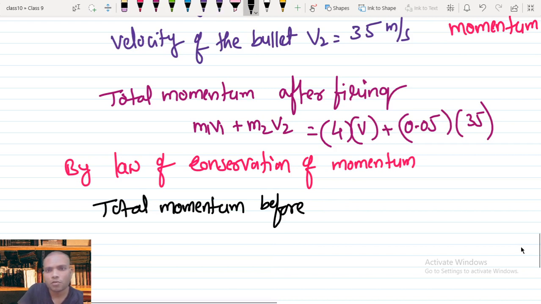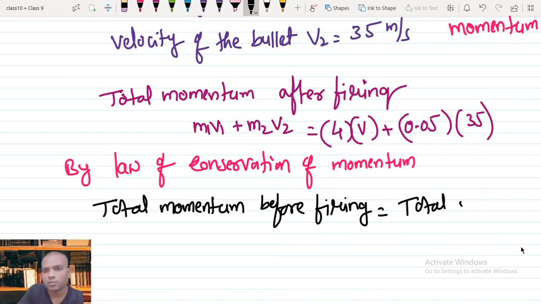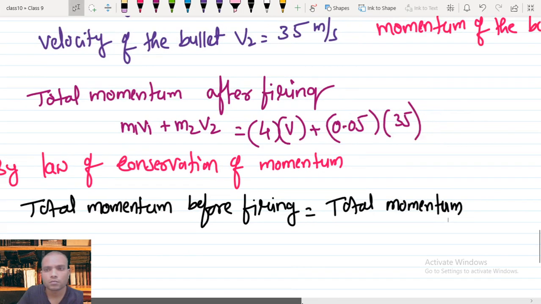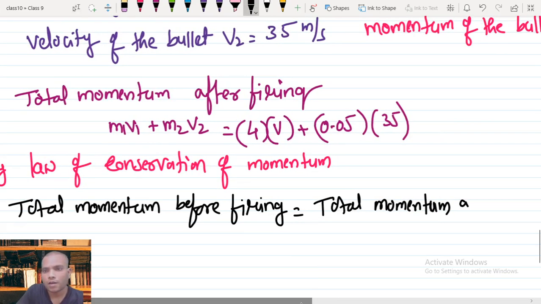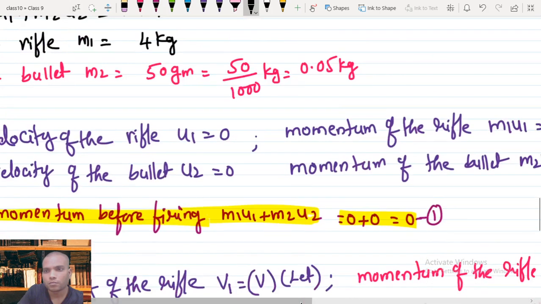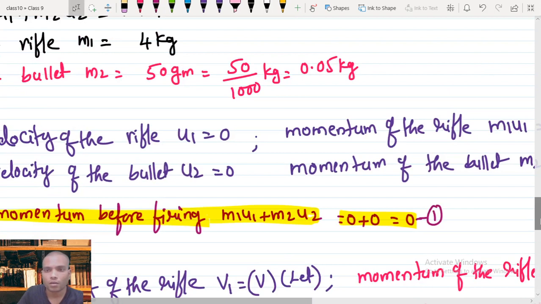Total momentum before firing equals total momentum after firing. So we got that before firing the total momentum value equals 0.